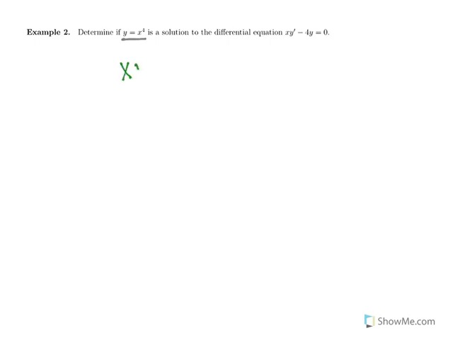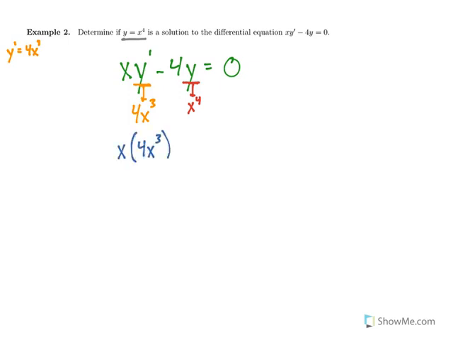So here we have x y prime minus 4y equals 0. We replace y with x to the fourth, and the derivative of x to the fourth is 4x cubed, so we replace y prime with 4x cubed. If this equation is satisfied, then this is a solution. So we have x times 4x cubed minus 4 times x to the fourth.